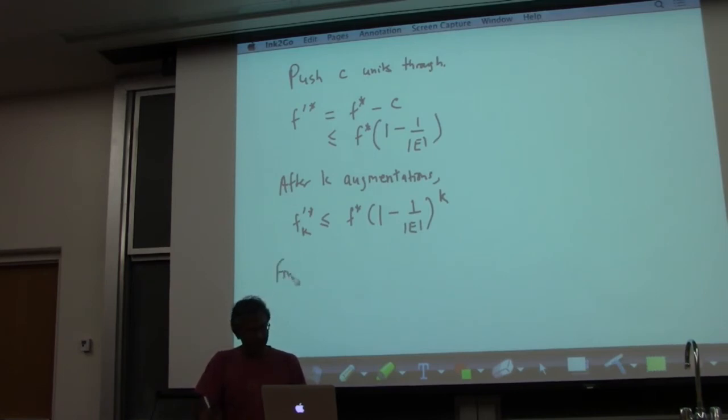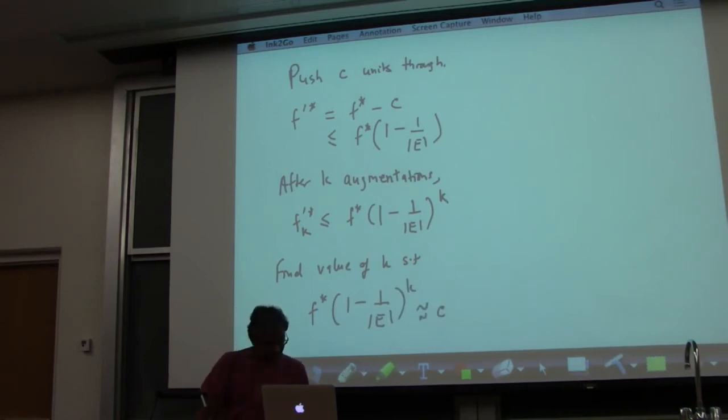So find the value of k such that f star times 1 minus 1 over e to the k is some constant. Not c. Sorry, I shouldn't say c. Here's my answer.